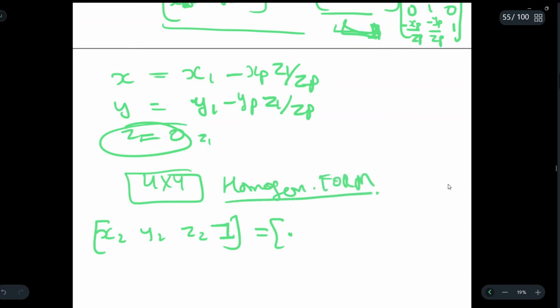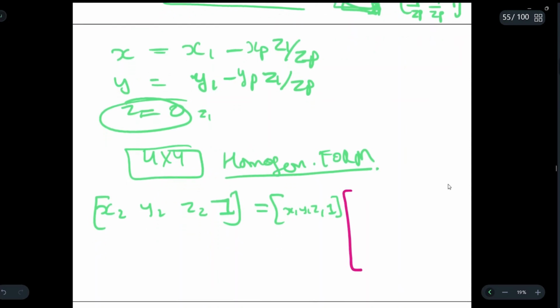This point will be written as x1, y1, z1 and 1, and the matrix will come out to be 1 0 0 0, 0 1 0 0, minus xp by zp, minus yp by zp, 0 0, and 0 0 0 1.